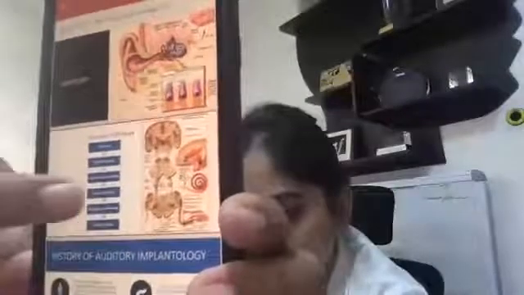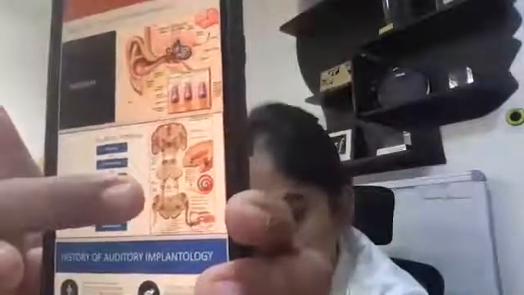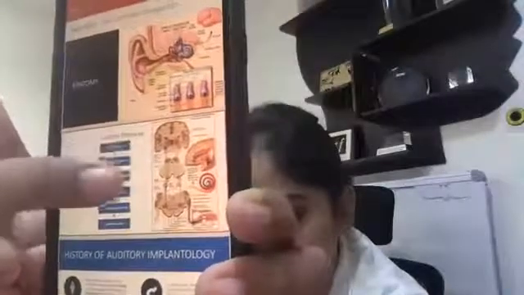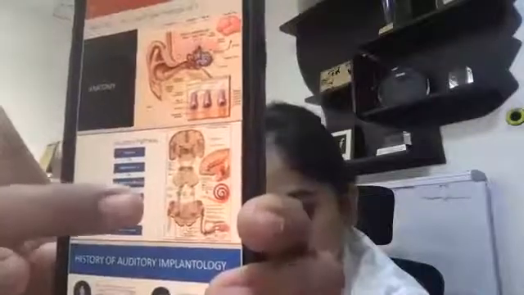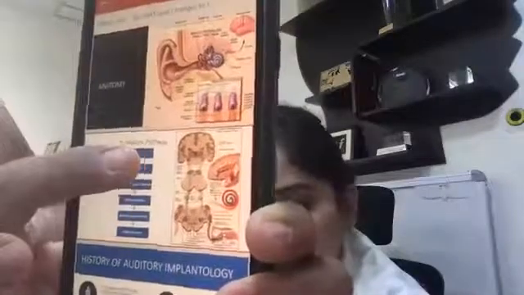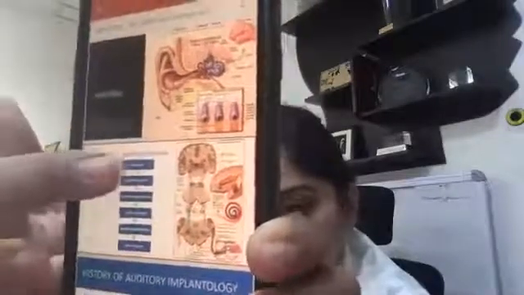So there are some implants where we can implant onto the brainstem as well as the midbrain. Even when tumors affect the brainstem, we can restore hearing by implanting into the midbrain. So these are the implants used for the mentioned indications.